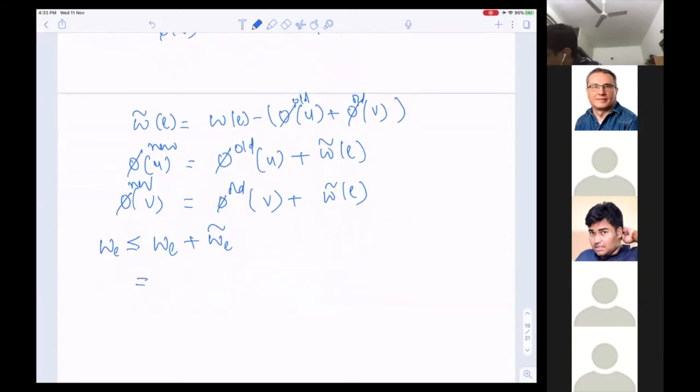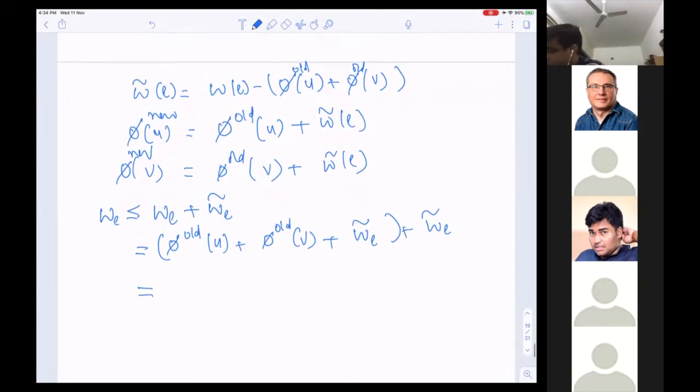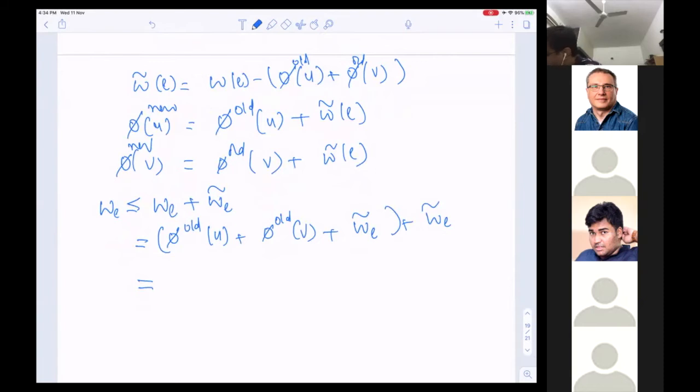Well, weight of E is nothing but phi old of U plus phi old of V plus W tilde of E. Now I take this into one and this into this, so what did this give me?